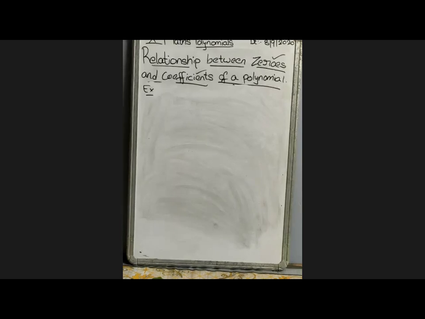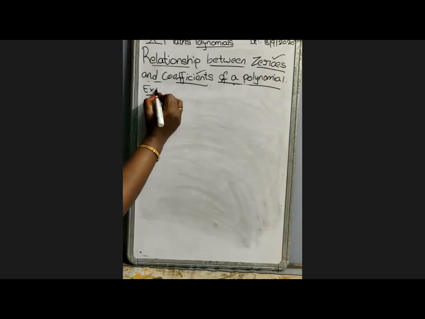So how can you find the cubic polynomial's zeros? A small example I'll give you. For that example, we can find the cubic polynomial. Example 4 you can take.